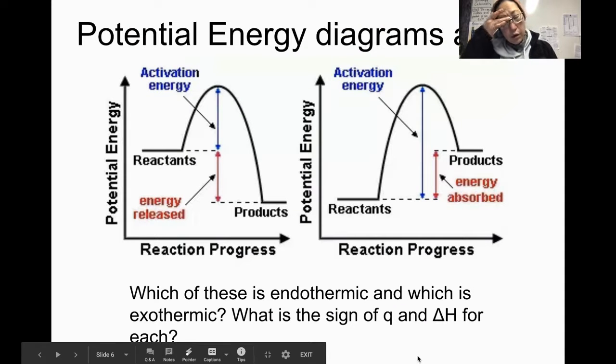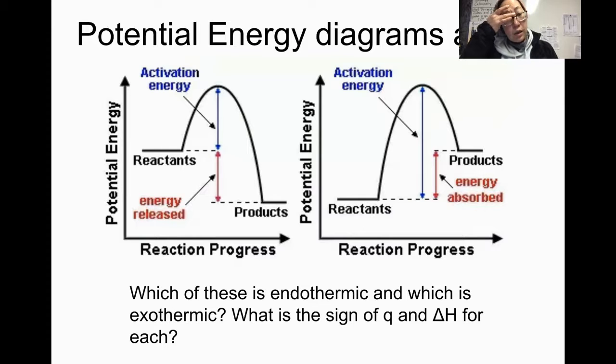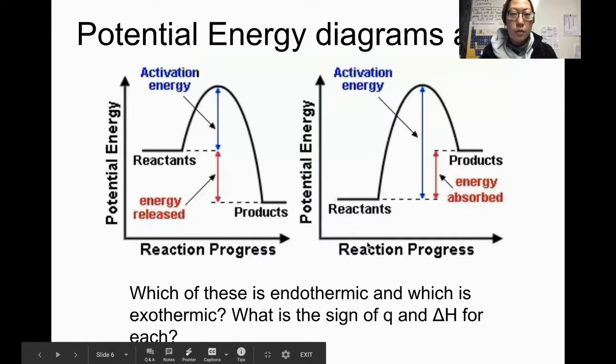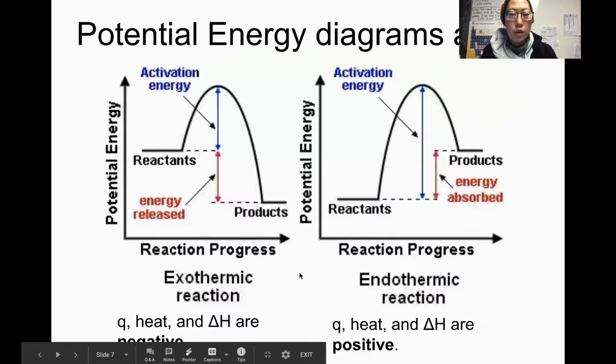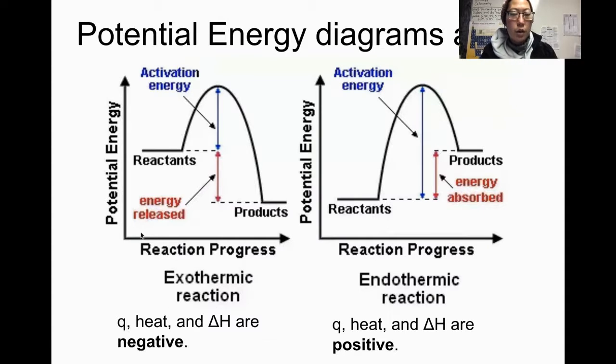Here are two potential energy diagrams again. Which of these is endothermic and which is exothermic? What are the signs of Q and delta H? On the left is our exothermic reaction. We can see that the products are at a lower potential than the reactants. Some energy has been released.